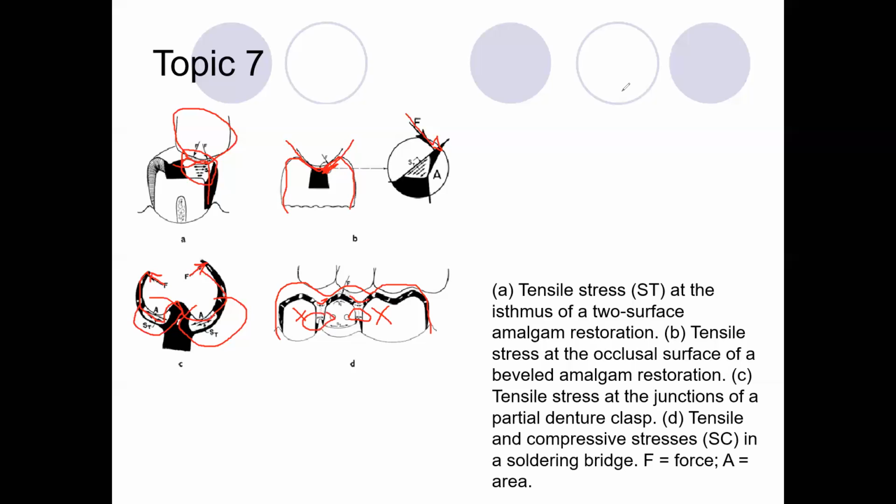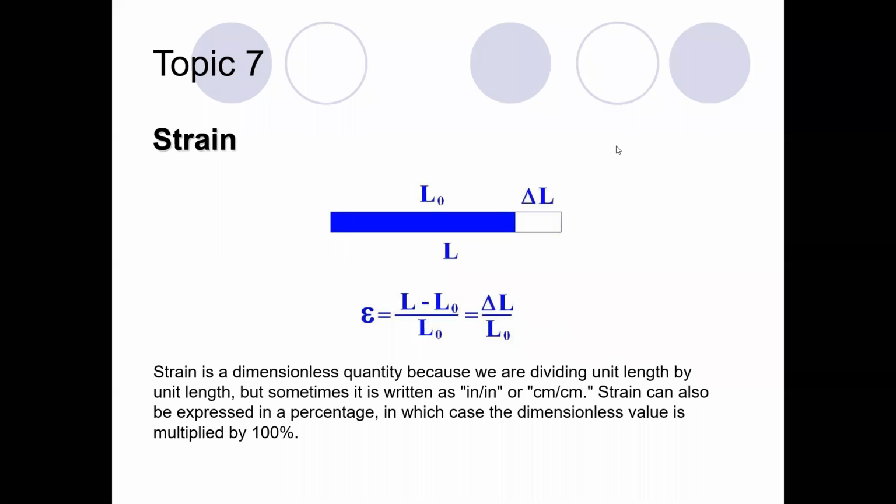What is also important is the strain. We have two types of strain: absolute, delta L, and relative strain, epsilon. As usual, we are talking about that type of strain.